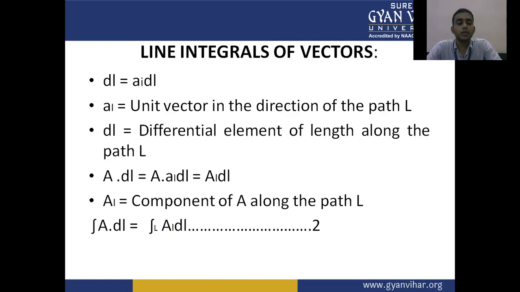So A dot dl is equal to A dot aL dl, and we can also write it as A aL dl.